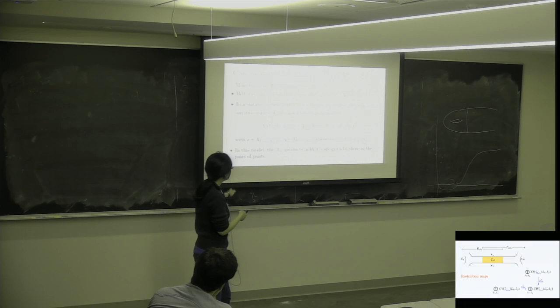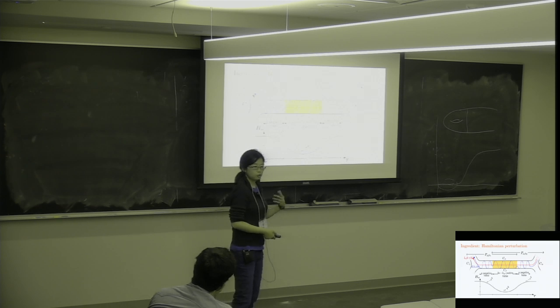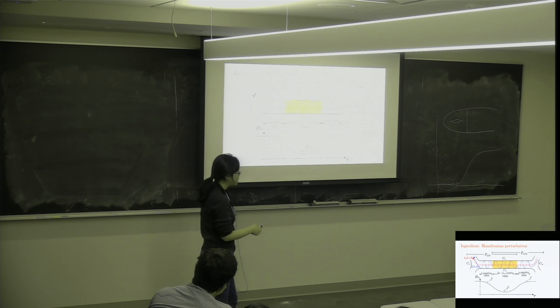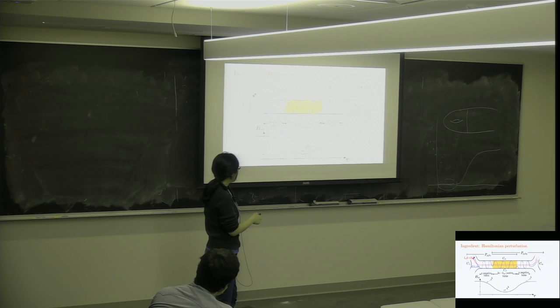So we'll come back to this page, but I just want to say that this Hamiltonian that we use to define this model of the Fukaya category looks something like this. Again, this Hamiltonian is going to be linear near the infinity of each of the cylindrical ends, but for each bounded edge, it's going to look like this.